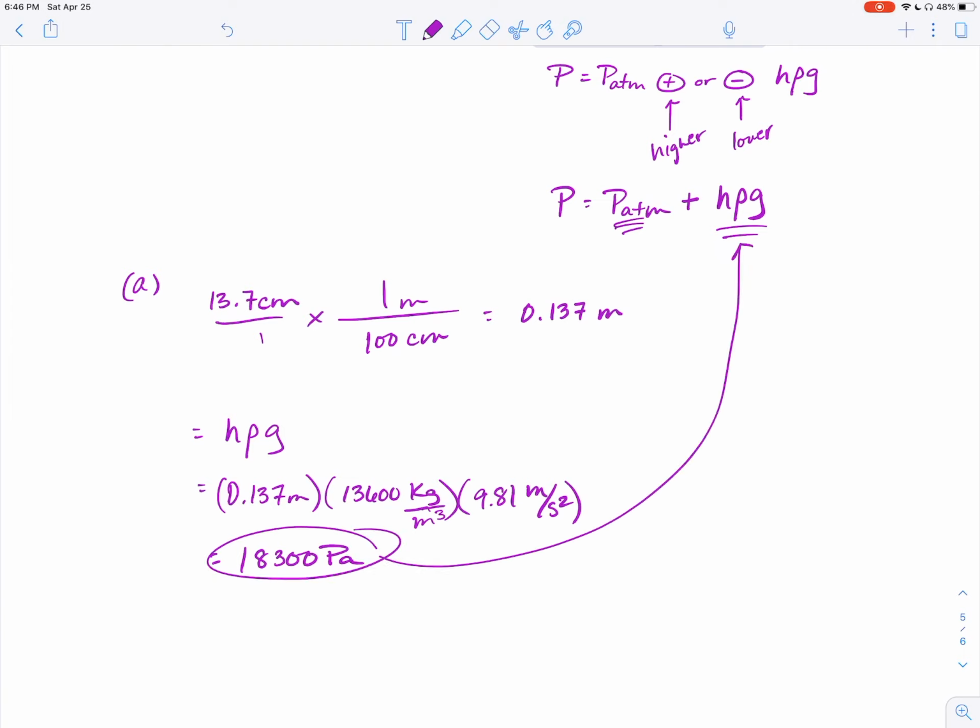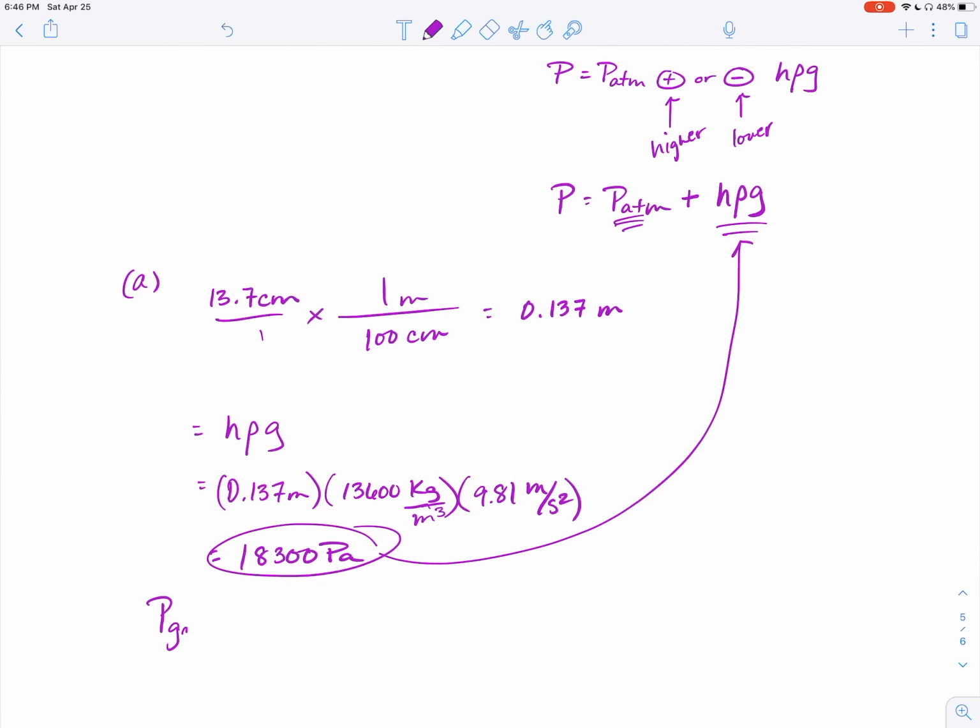So for us to find the pressure of our gas, what we're going to do is add the pressure of the atmosphere at sea level to that value. Well, sea level is 101,325 pascals, and we're going to add the 18,300 pascals. And so this gives us a value of 119,625 pascals.